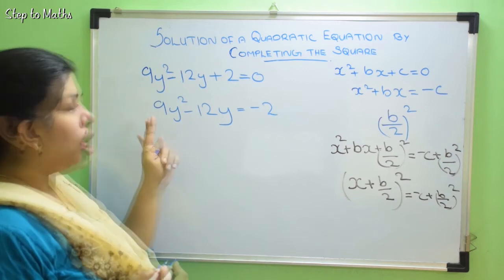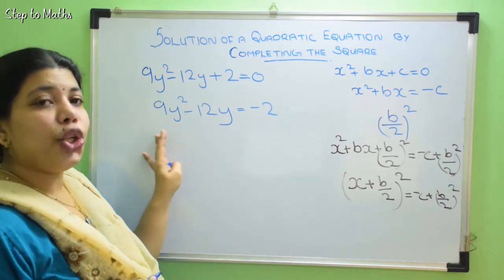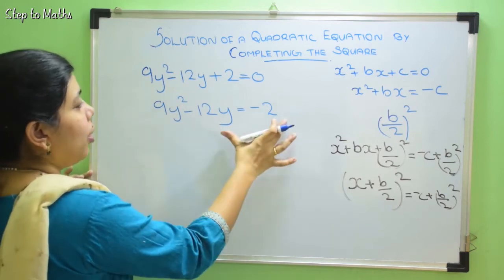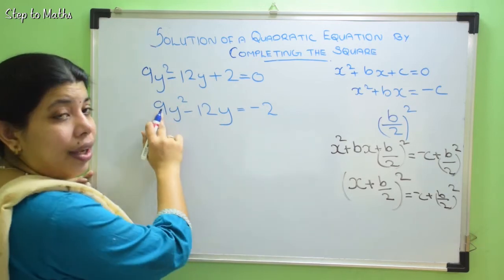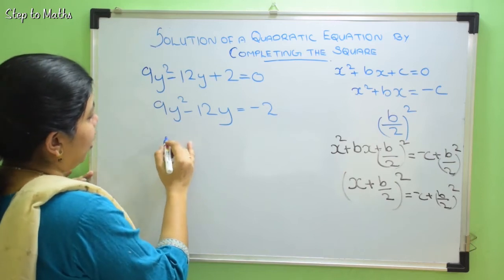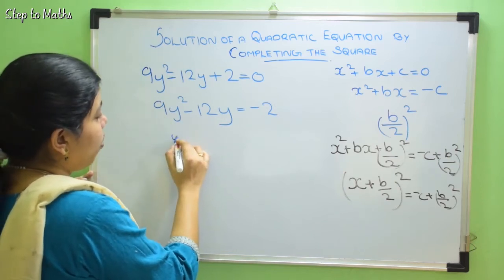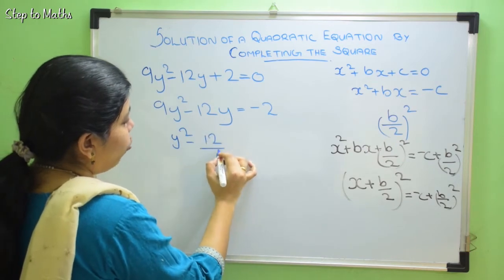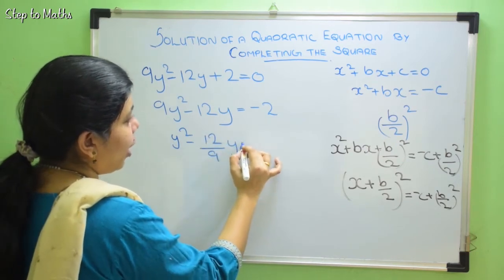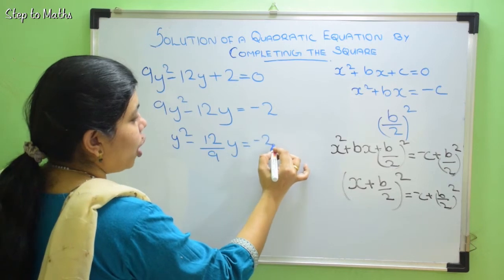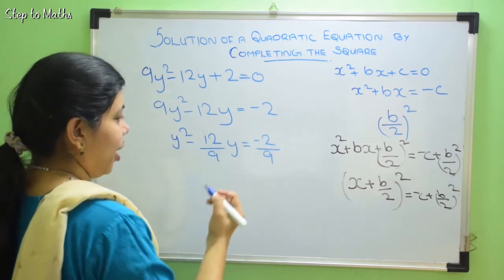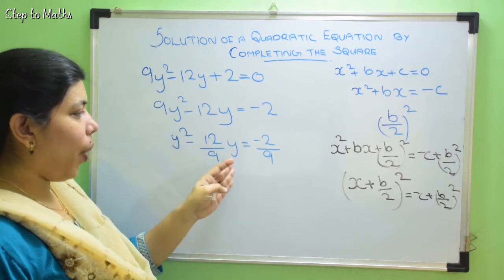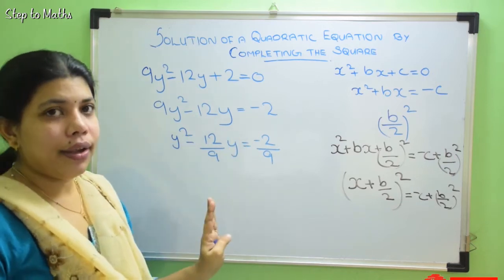Next step, divide both sides by the coefficient of y square. That is, this equation is divided by 9. Then this equation becomes y square minus 12 by 9 y equal to minus 2 by 9.